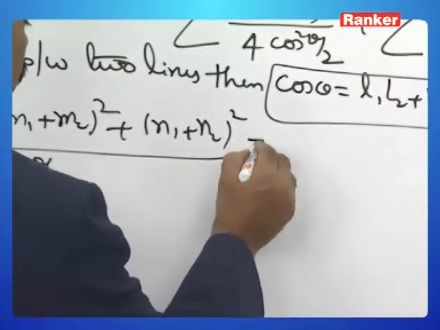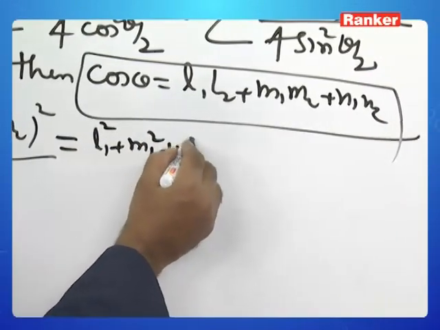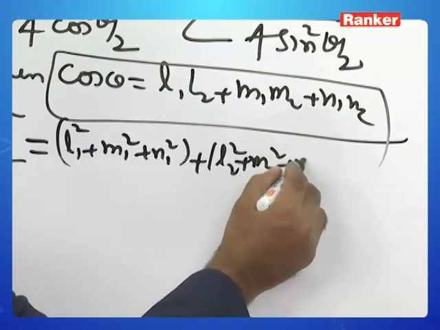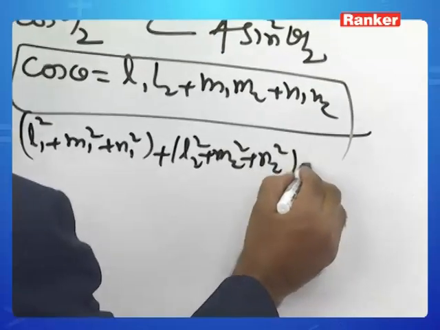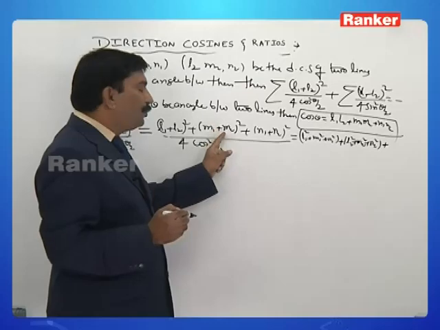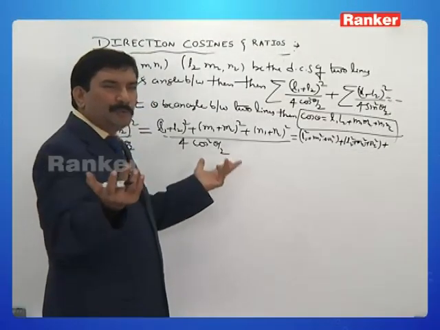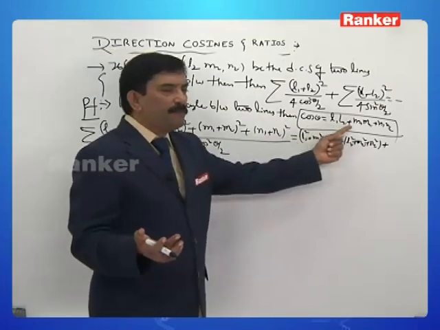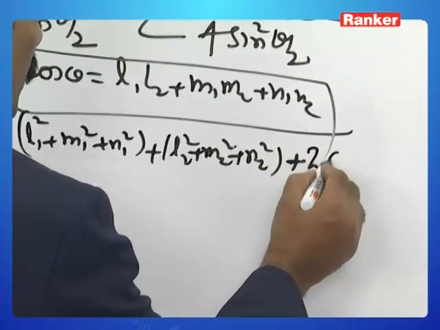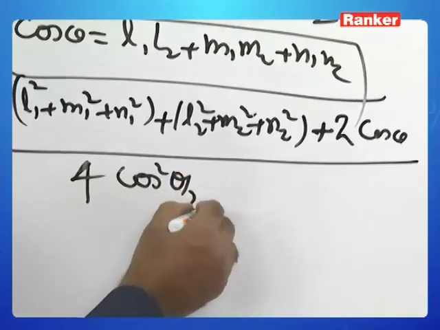So I can write L1 square plus M1 square plus N1 square plus L2 square plus M2 square plus N2 square plus 2 L1 L2 plus 2 M1 M2 plus 2 N1 N2, which is nothing but 2 into (L1 L2 plus M1 M2 plus N1 N2). I can write 2 cos theta, followed by 4 cos square theta by 2.